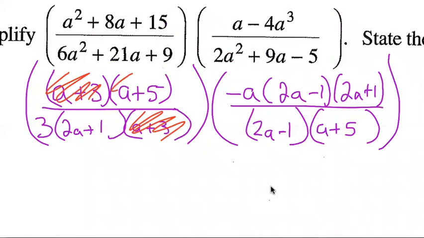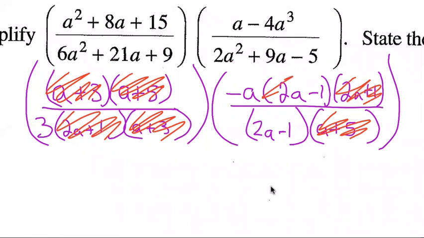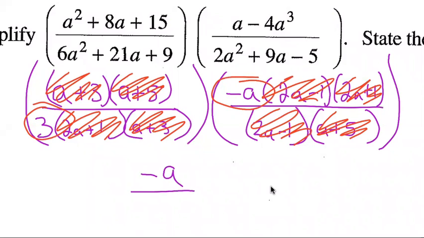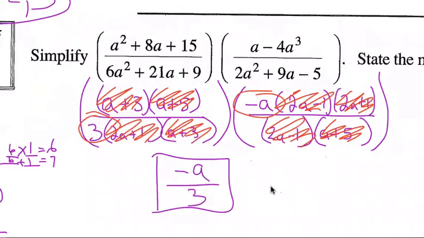This a plus 5 will cancel with this a plus 5. 2a plus 1 will cancel with 2a plus 1. 2a minus 1 will cancel with 2a minus 1. And we are simply left with negative a over 3. And this question would be complete.